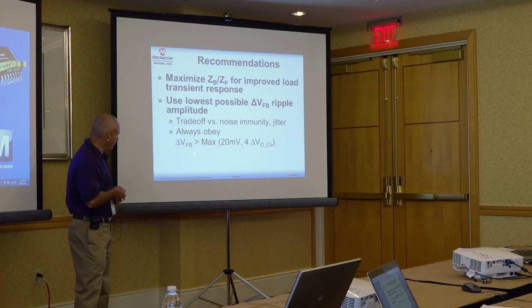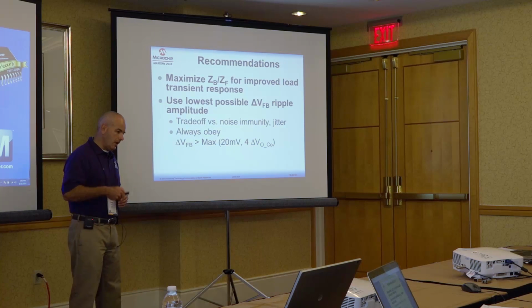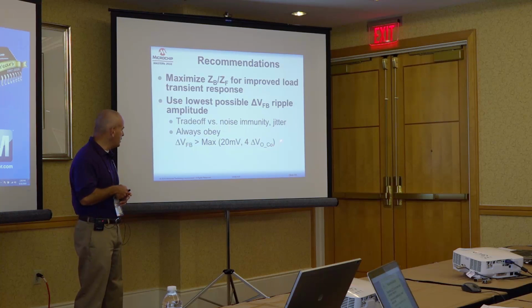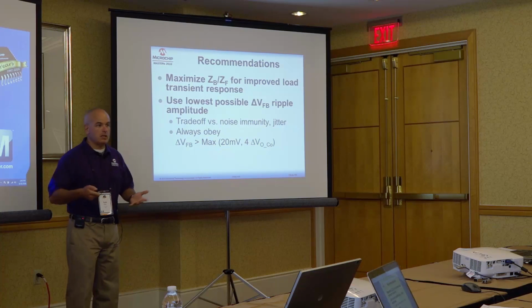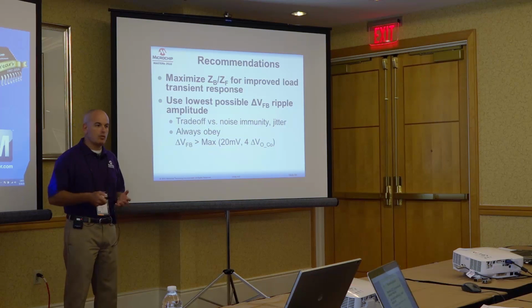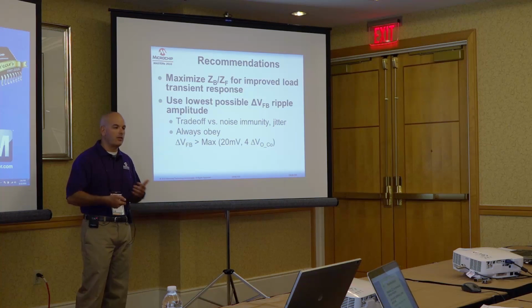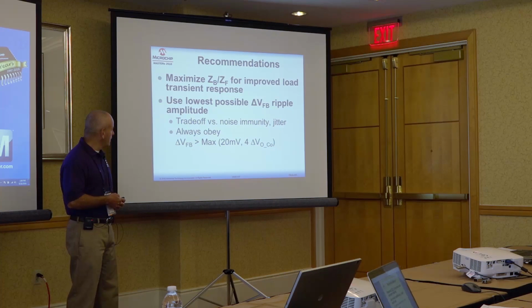So for stability, the feedback ripple amplitude has to be bigger than 20 millivolt, or at least 4 times the capacitive component of the ripple voltage at the feedback node. So as you can see, it is a semi-empirical approach, but it can give you some significant improvement over the basic design.